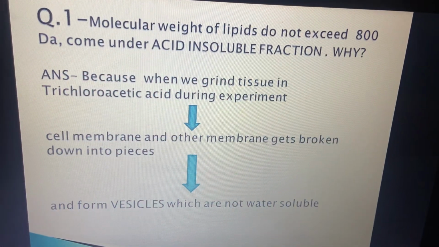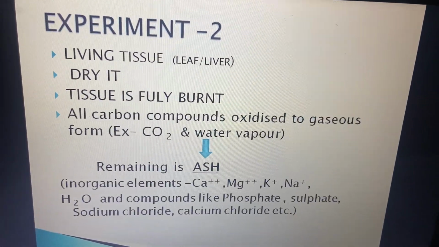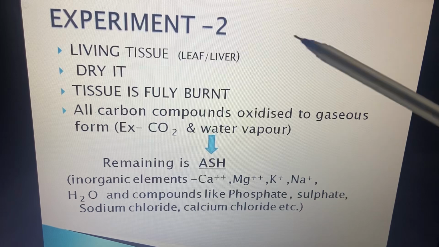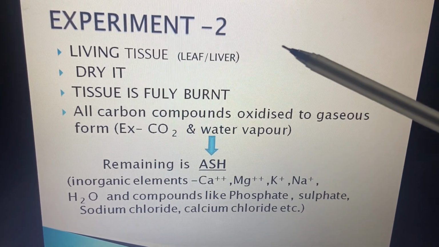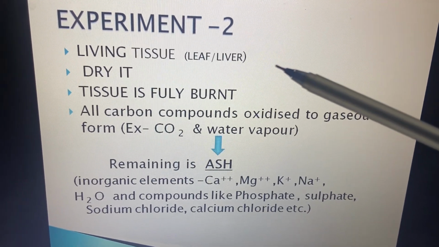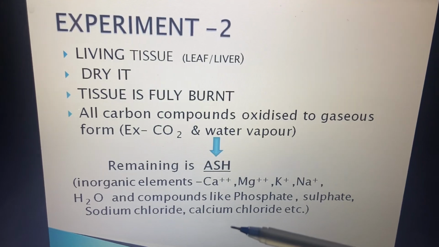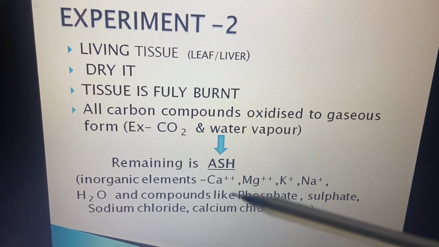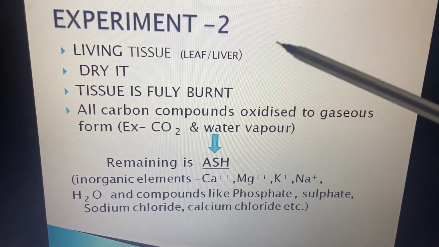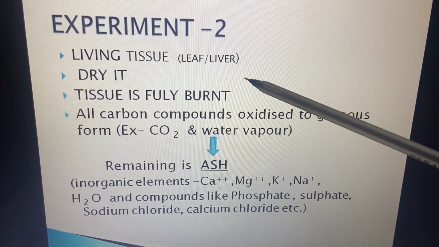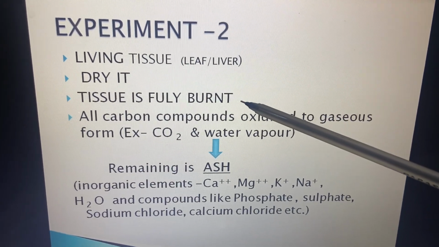So now we move forward. A second experiment was conducted to understand what inorganic elements are present in the biomolecules. To understand this, we have taken the living tissue, dried it, and the tissue is fully burned.